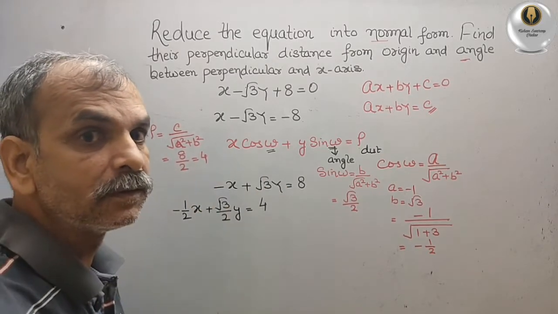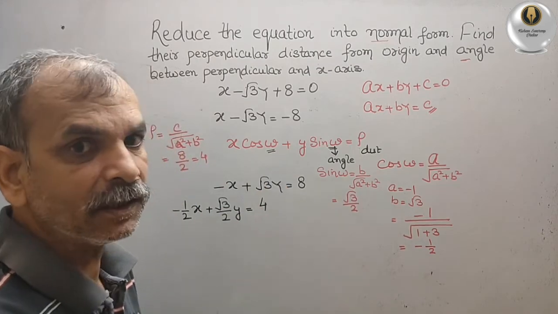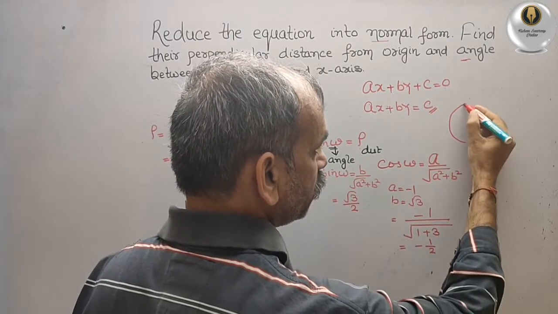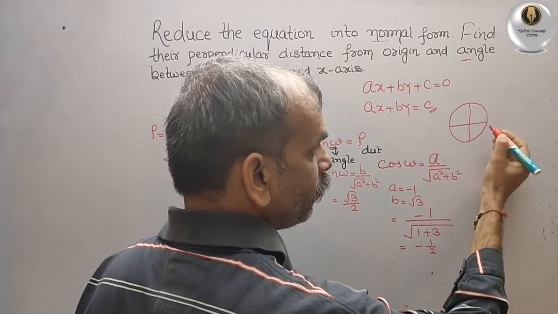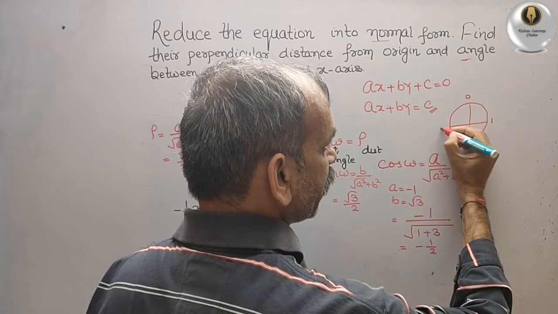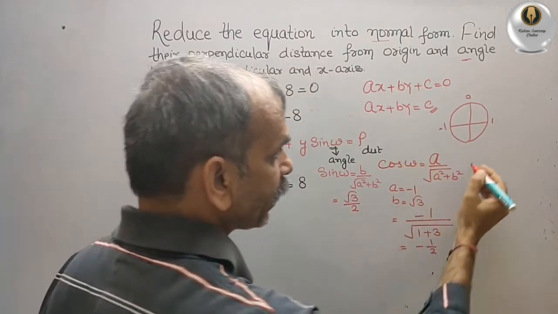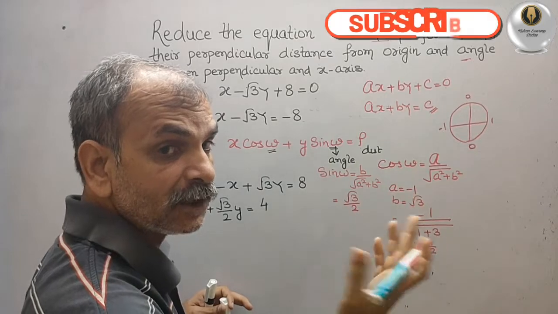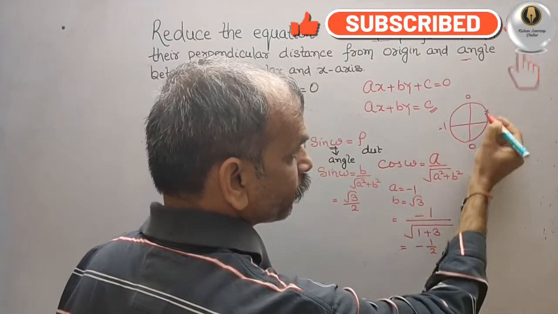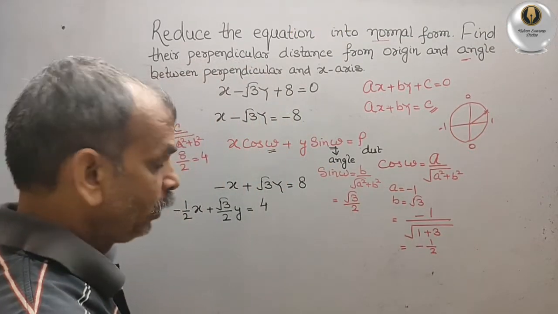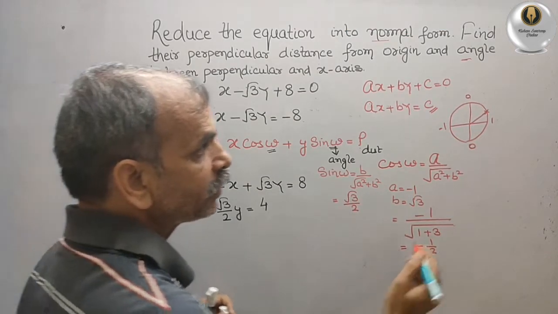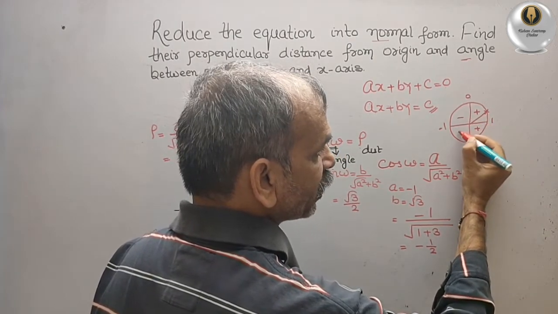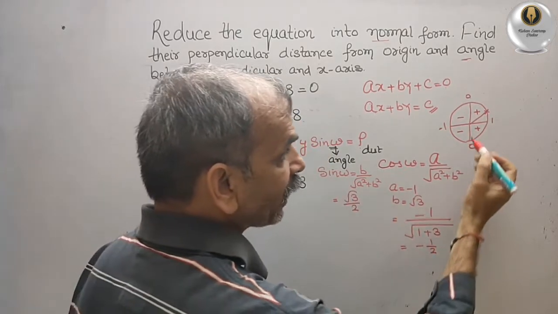It comes at 60 degrees. On the cos clock, here it is 1, here 0, here minus 1, and here again 0. 60 degrees is in the first quadrant, but we have minus, and cos is negative in the second and third quadrants. So the angle should be here only.